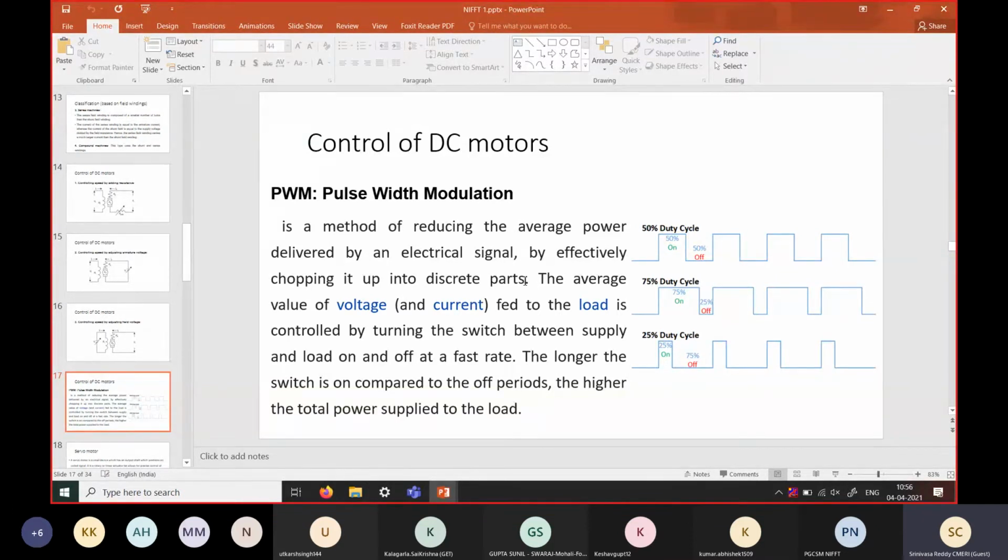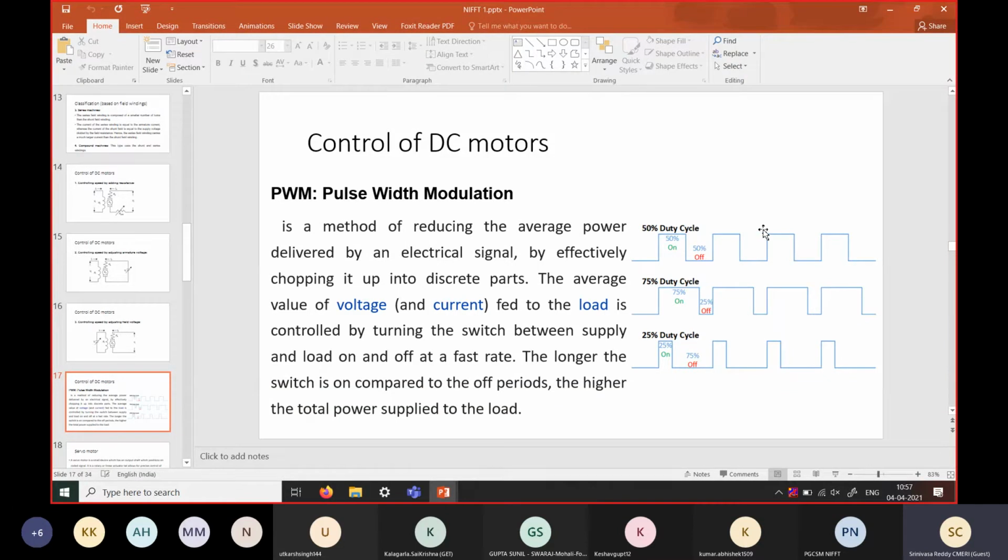We call it pulse width modulation because we are going to use some kind of electrical switching to have an on and off behavior of the voltage source or a signal source. Now this PWM is characterized by the percentage of time it is on.